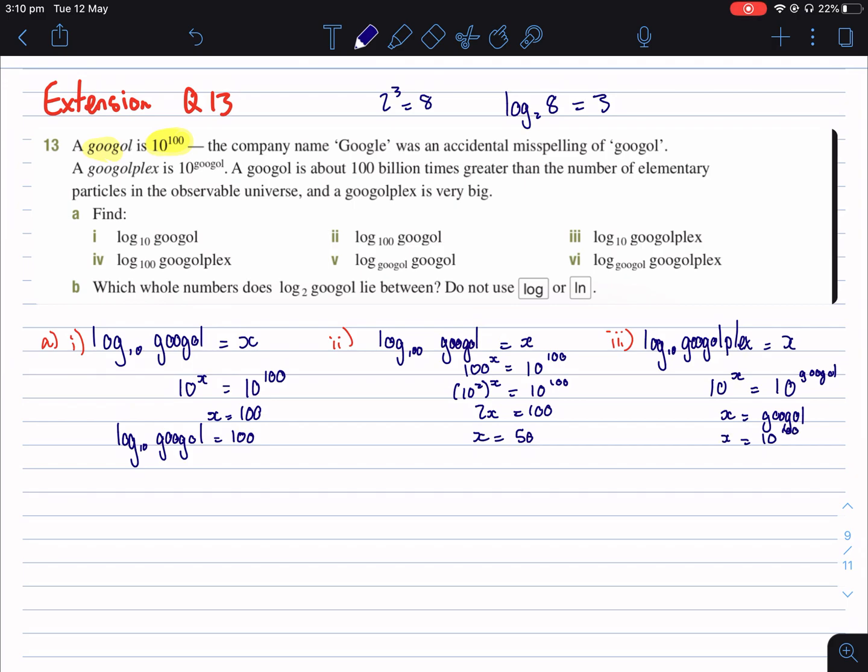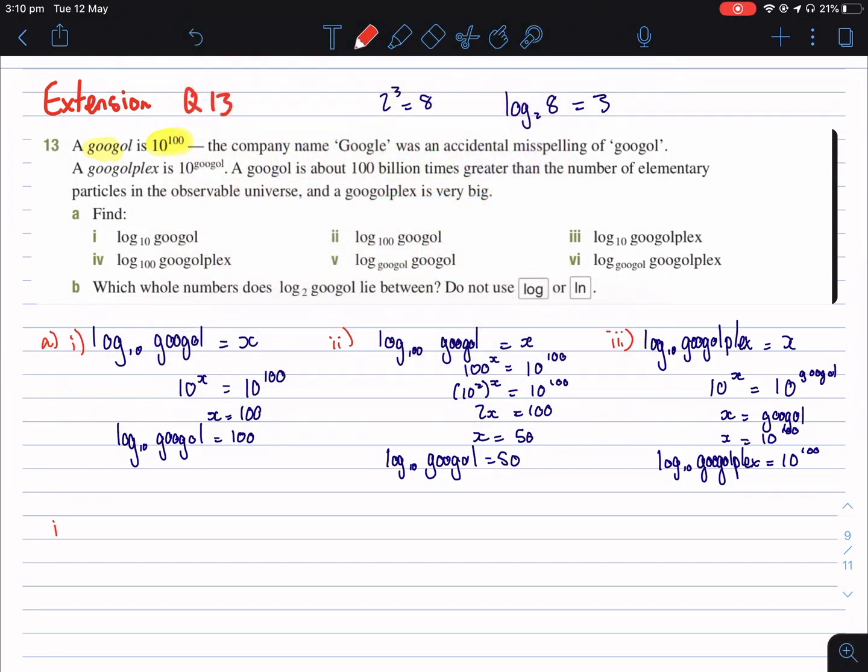So log base 10 of a googolplex is 10 to the 100. And this one, log base 100 of a googol equals 50.